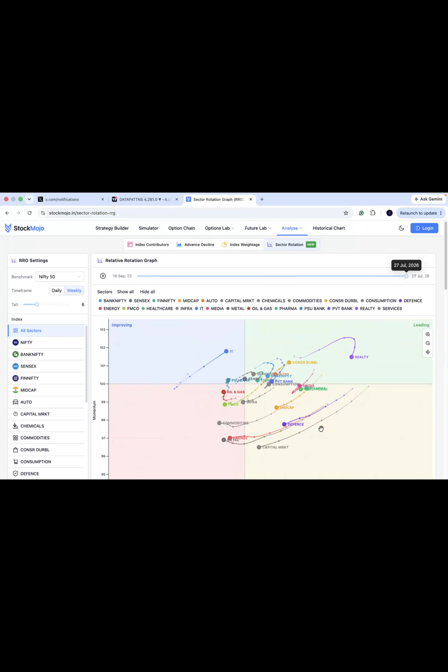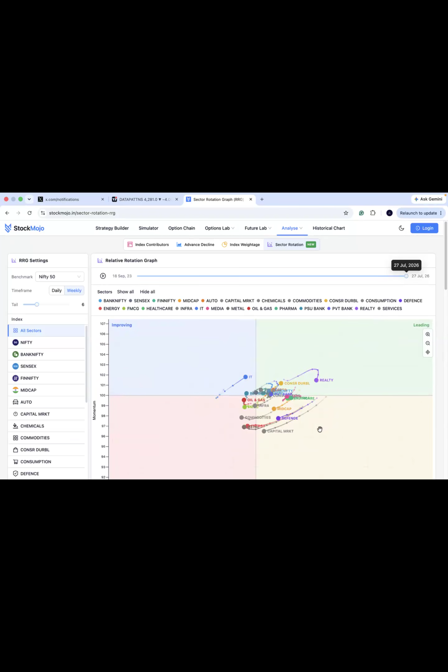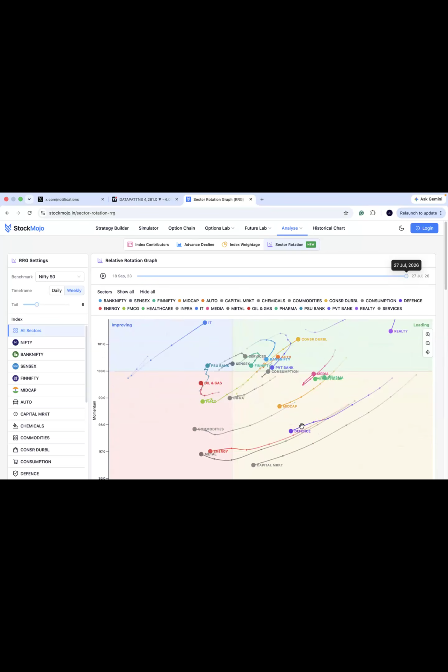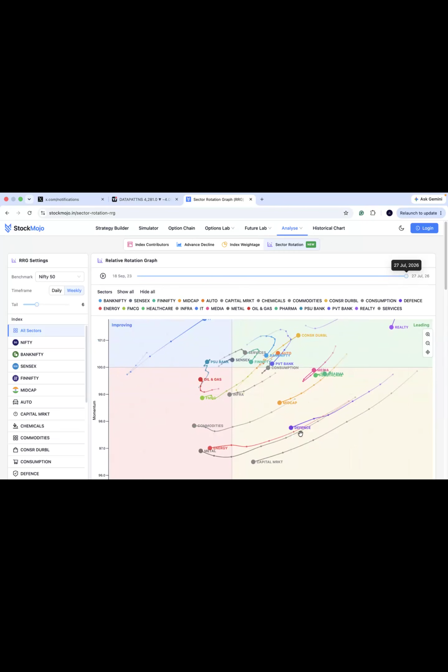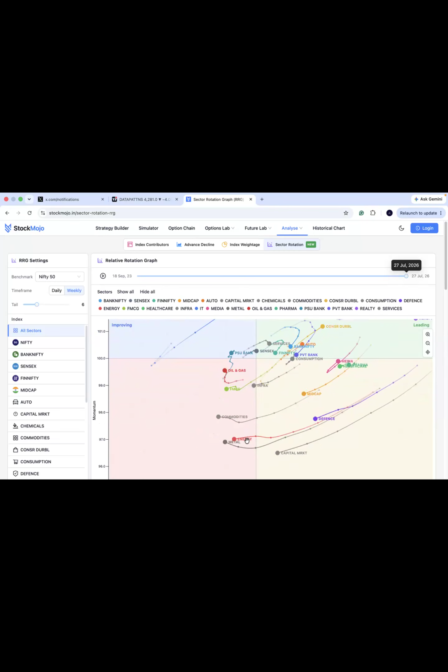And many people have asked me why the defense stocks are not moving to the upside. The answer to the question is where your particular index is as compared to the Nifty 50 index. So as you can see, the indices which are underperforming and currently consolidating are particularly the metal index, energy index, commodities, FMCG, oil and gas.